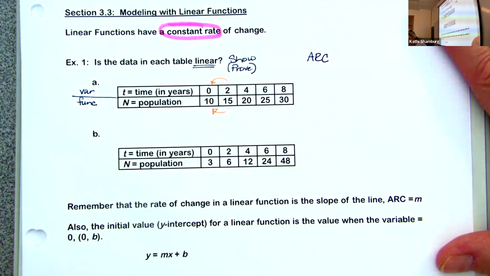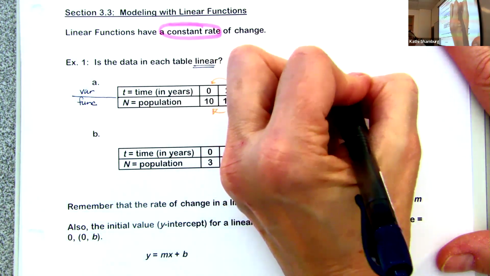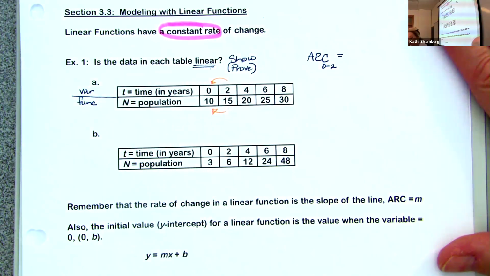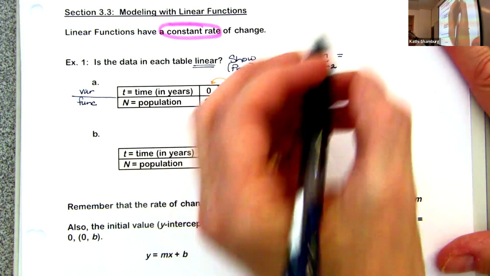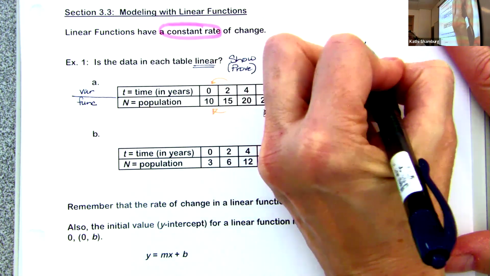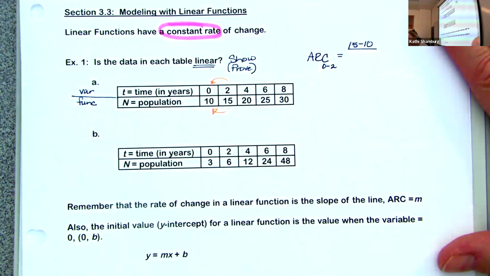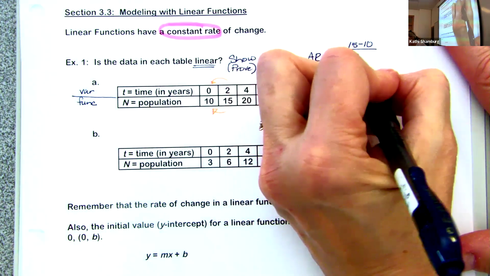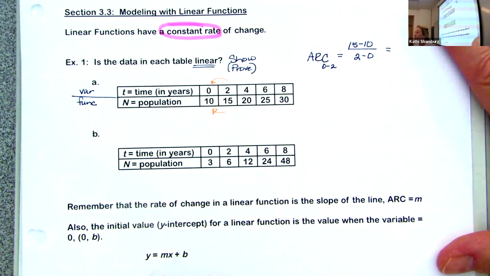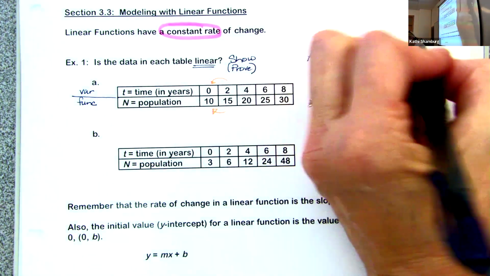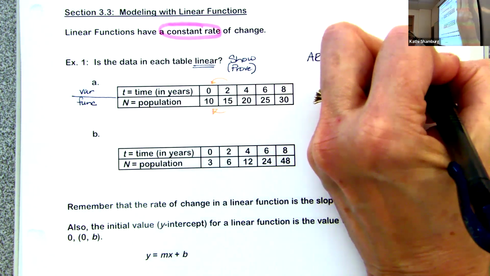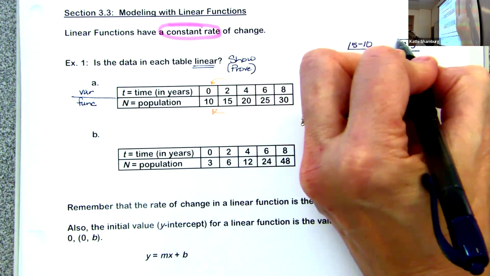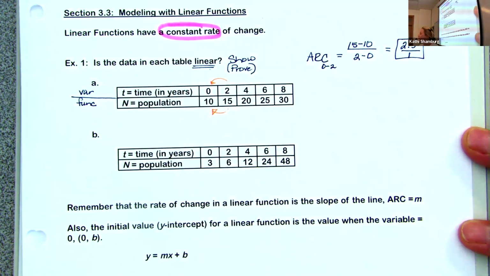So we're going to find the average rate of change from 0 to 2. So I do the difference in the function, so that would be 15 minus 10 over the difference in the variable, which would be 2 minus 0. That's 5 halves, which is what, 2.5 over 1? All right, so there's the average rate of change.